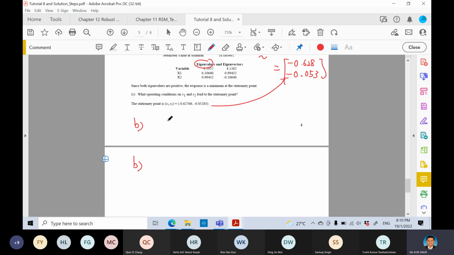For part B, you need to find out the determinant of B minus lambda I equal to 0. Because you already know your matrix B, just now I have given it to you.